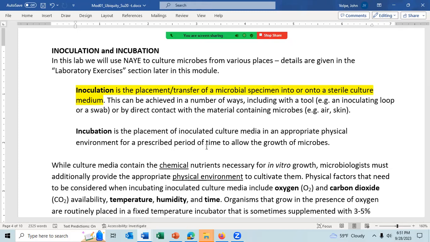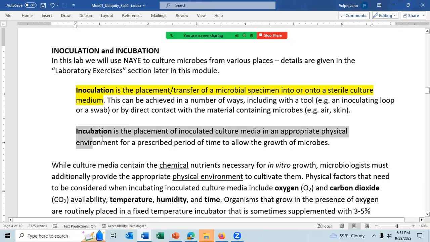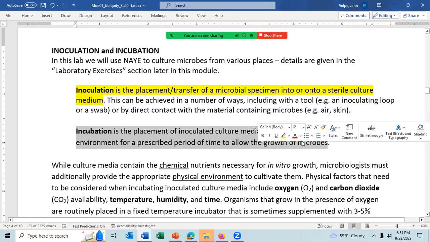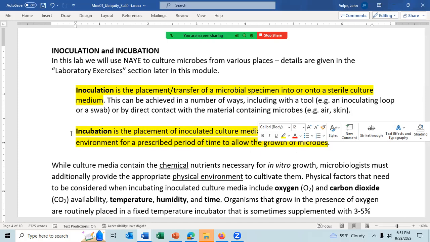The incubation is the placement of the media in an appropriate physical environment for a period of time for the microbes to grow. Usually, we grow our microbes in an incubator. That's a device which warms up the culture and then provides humidity to aid in the microorganism's growth.